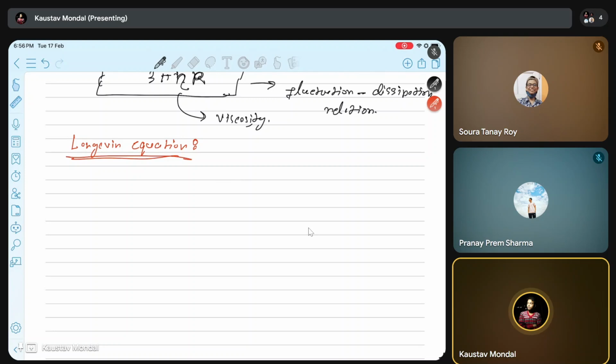This equation of motion is known as the Brownian motion or Langevin equation of motion.